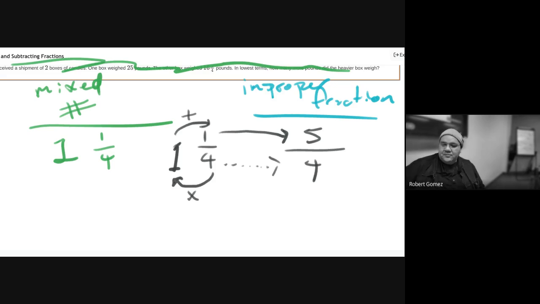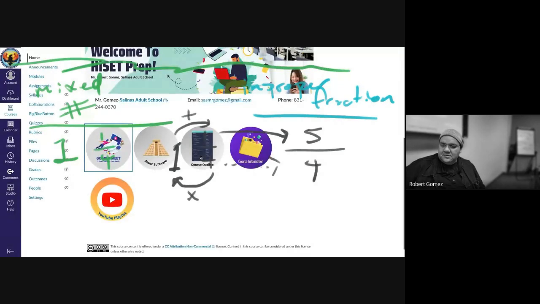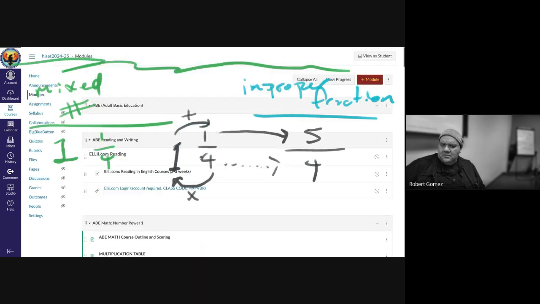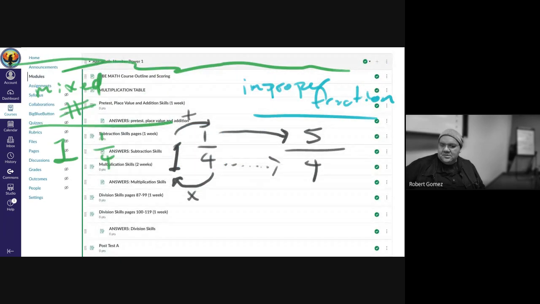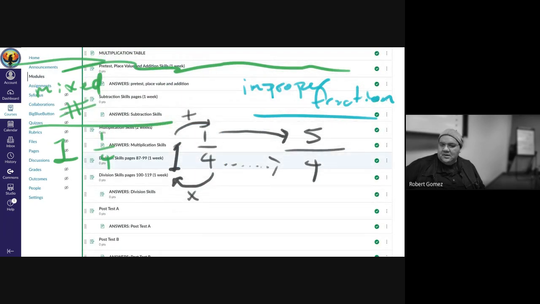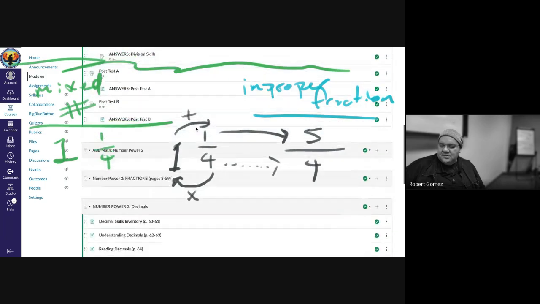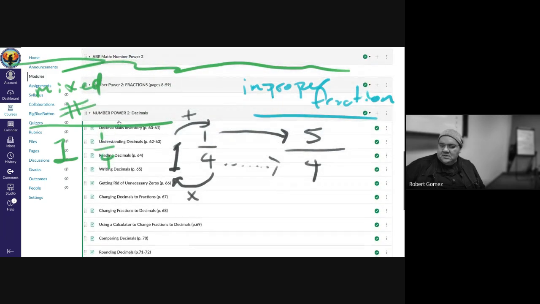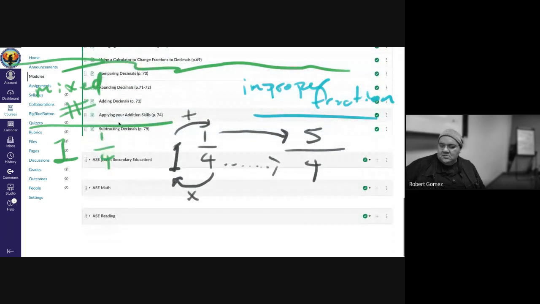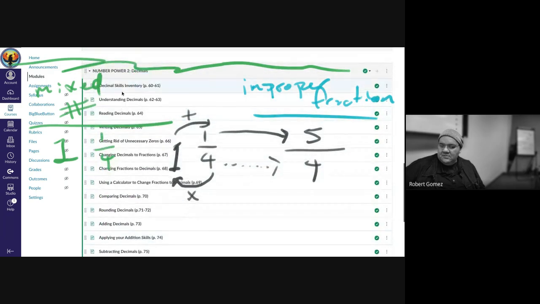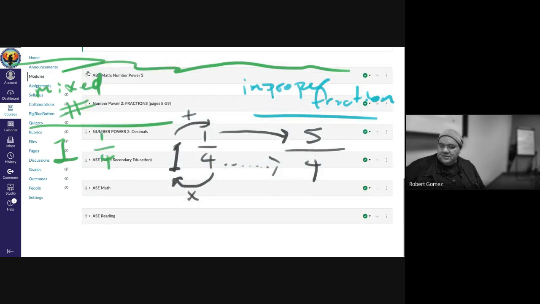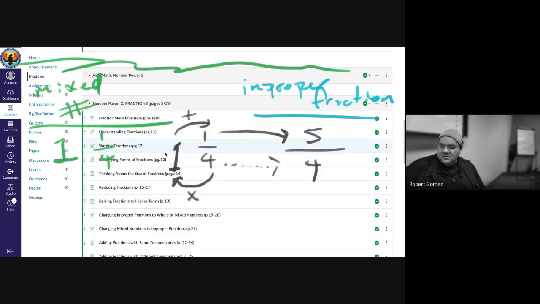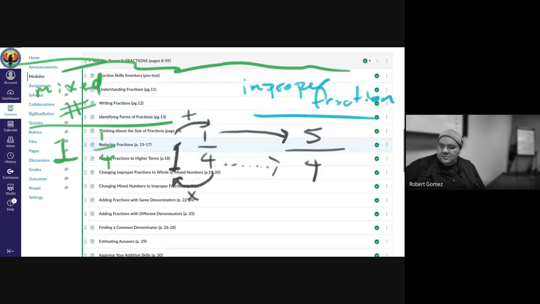So real quick, if I go to my course outline, and this is one of the reasons why I keep Canvas up here, because I have these books. So, not decimals, although I did finish adding the decimals up here, so fractions. Here we go.